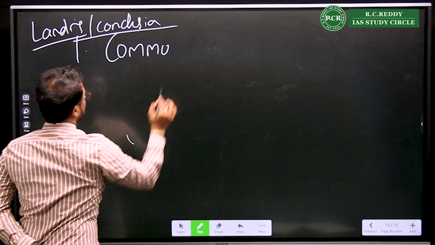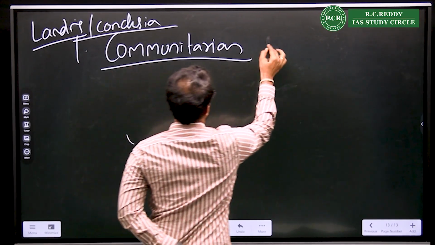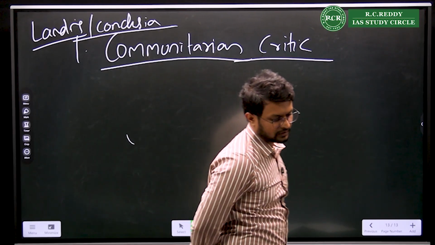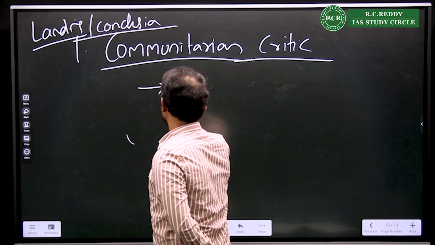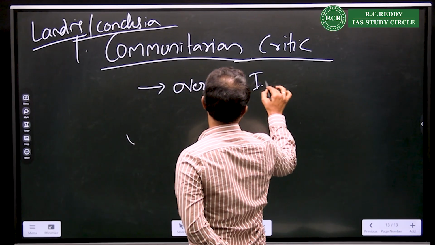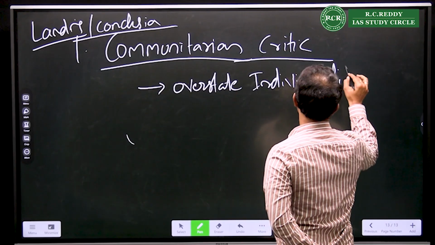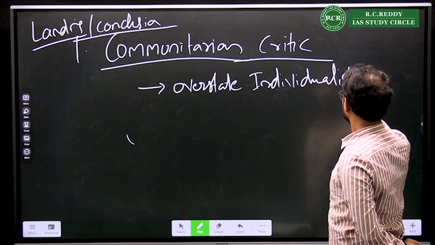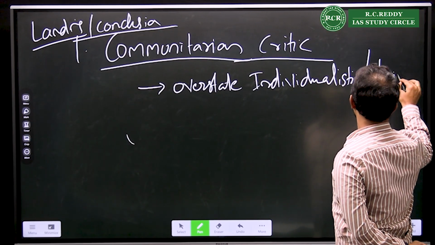The first point is the communitarian critique of liberalism. It says liberalism overstates individualistic thought. It calls them what is known as atomistic individuals.